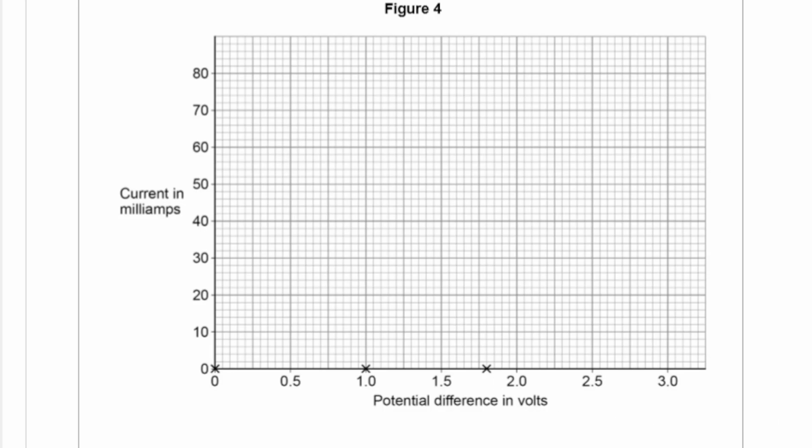So here you can see that they have plotted 0, plus 1, and then 1.6 they have done as well. So that's your third point. The next one is at 2. At 2 volts, the current is 5. So this is 10.